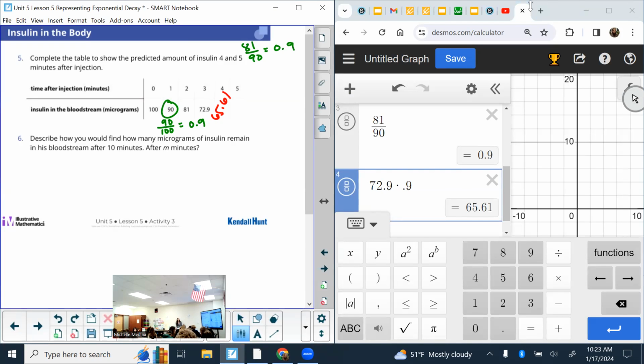And then times it by 0.9 again will give you your when X is 5. And that's, if you round it, 59.05. So now you have another little thing that can help you.